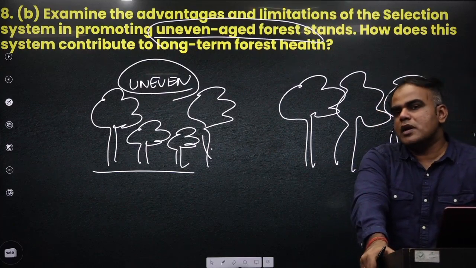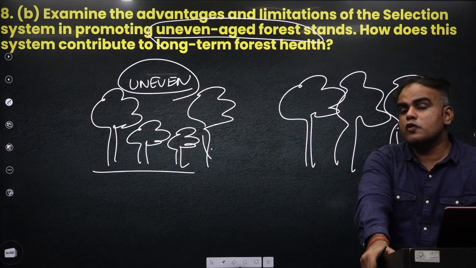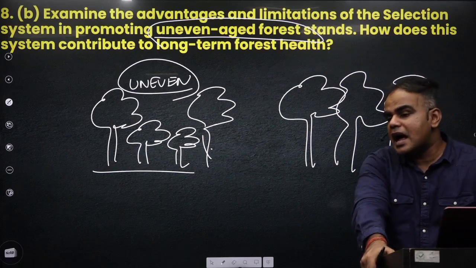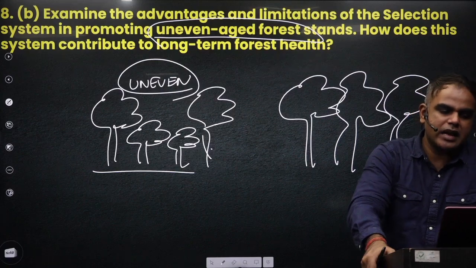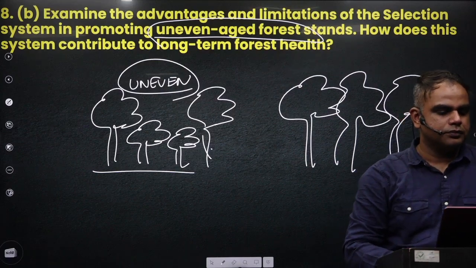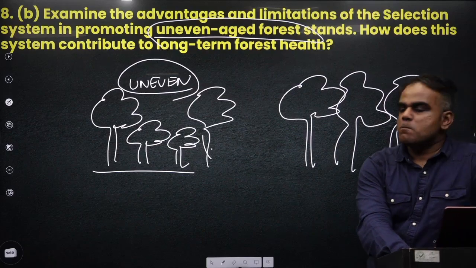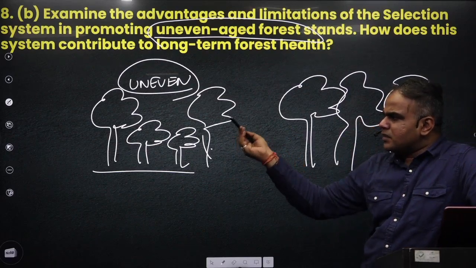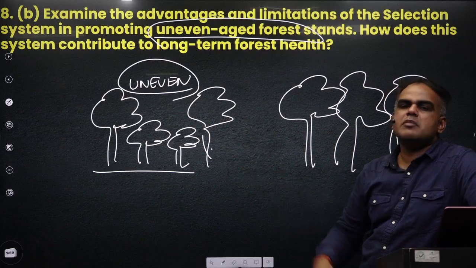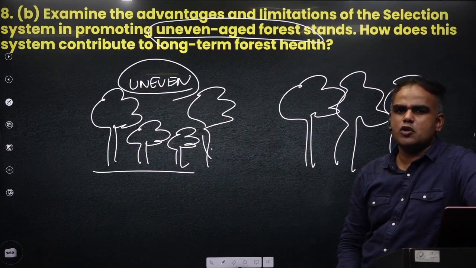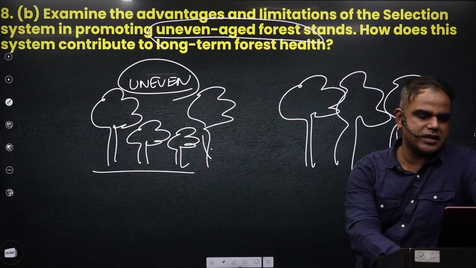Then you have to have a lot of supervision. What if you remove the better varieties and leave the inferior varieties? There can be a problem. Sometimes there is a bias for the shade tolerant plants, which also can affect the species composition. That also is seen.